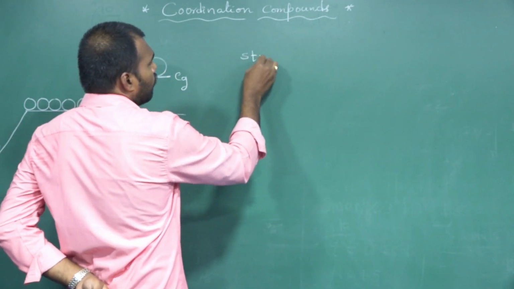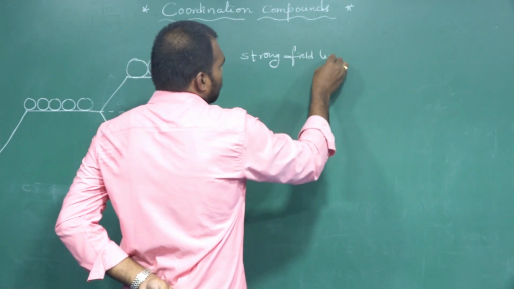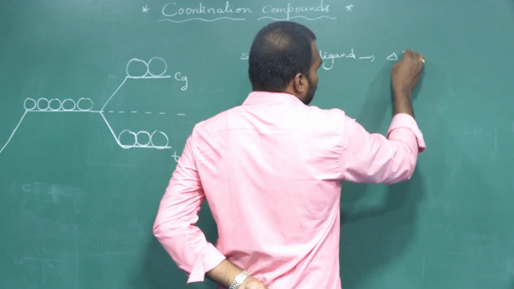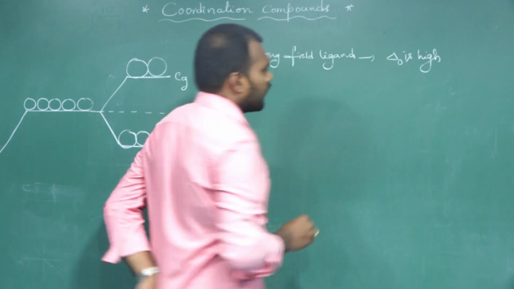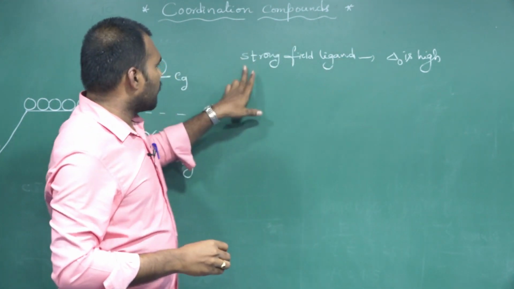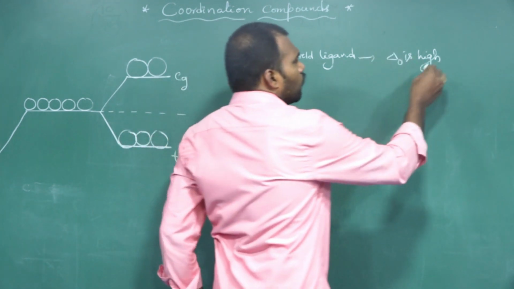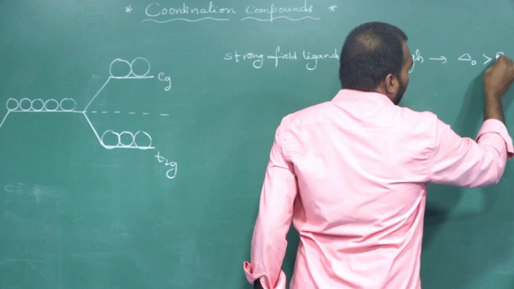So for strong field ligands, the del value is high. So in case of octahedral complexes, del O. For strong field ligands, del O value is very high. If del O value is very high, then del O value is greater than pairing energy.